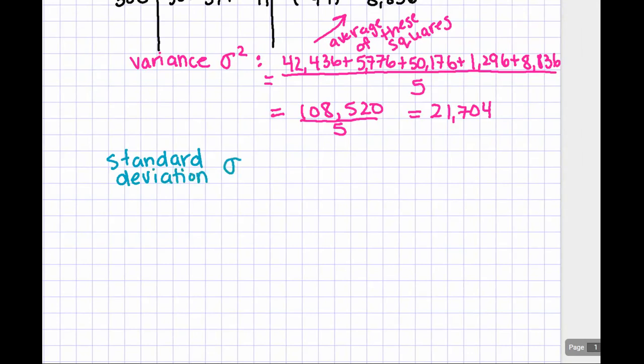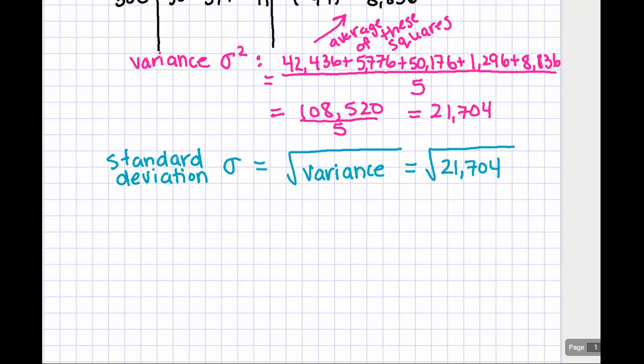What I'm going to do is take the square root of the variance. So that means I'm going to take the square root of 21,704. And when I do, I'm going to get 147.32. And that is our standard deviation.